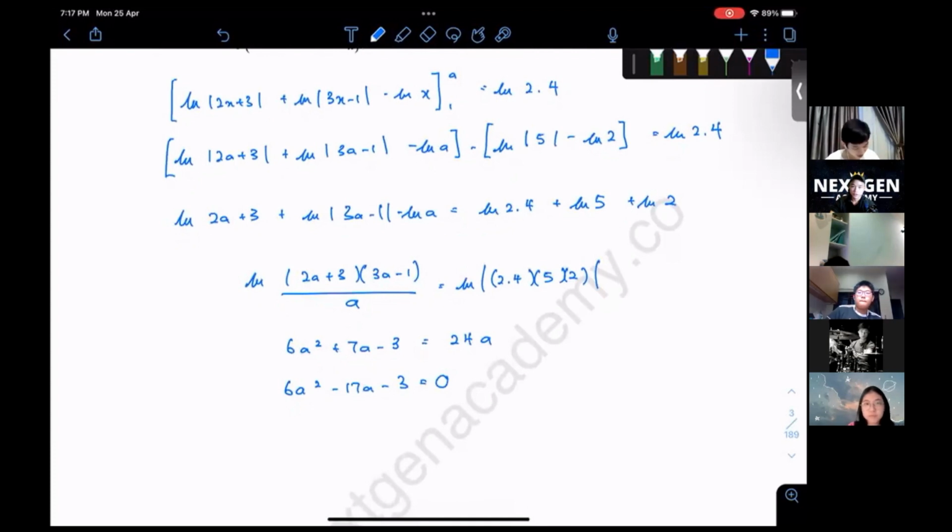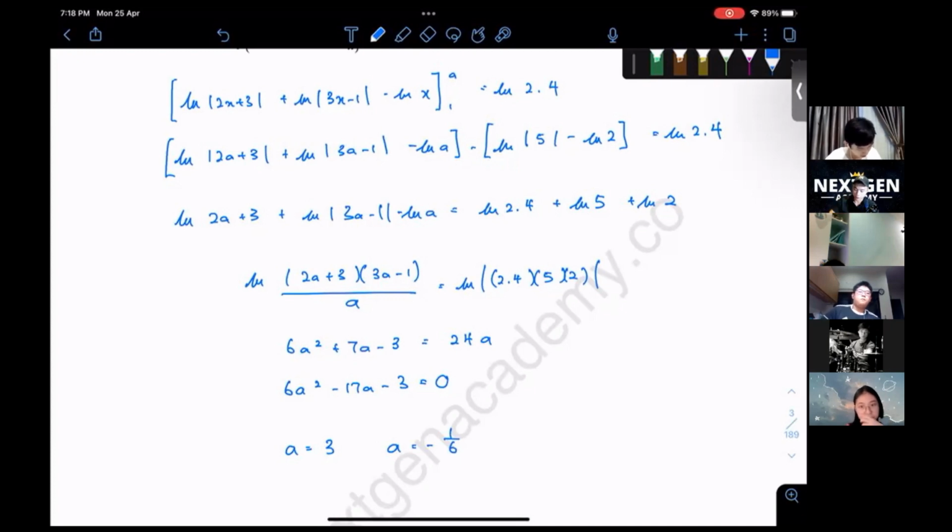Then this one, put into a calculator. Just put it in the calculator: 6, negative 17, negative 3. Then you get a equals to 3 and a equals to negative 1 over 6. To be safe, just write the brackets.